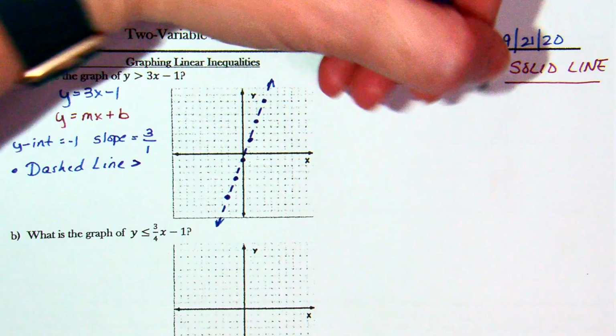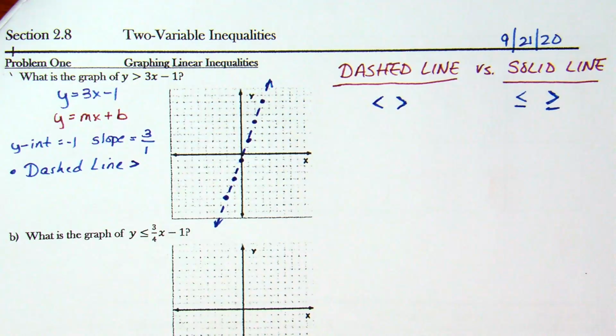Now, the other question is, where do I shade? When I teach this, I tend to use the vocabulary where you're going to shade above the line or below the line. Okay, anytime the line is already y equals, you'll never hear me say we're going to shade left or right. Okay, we're going to shade either above or below.